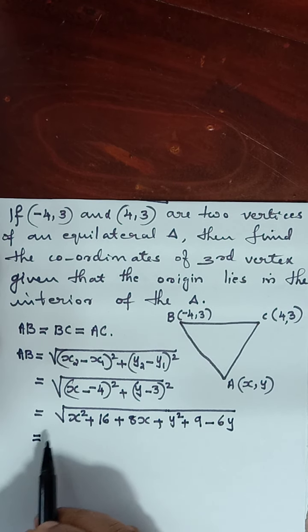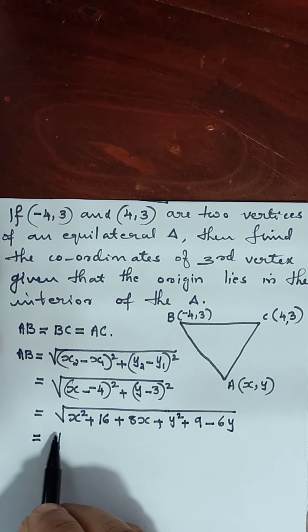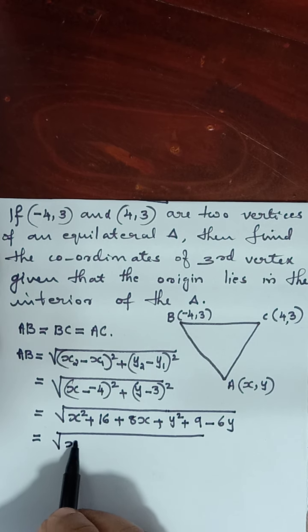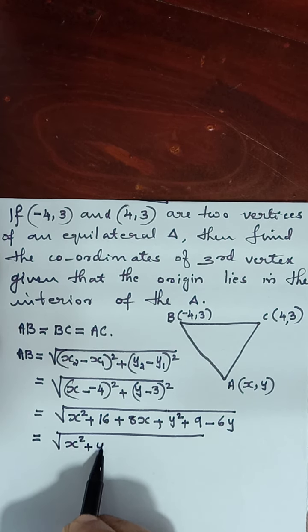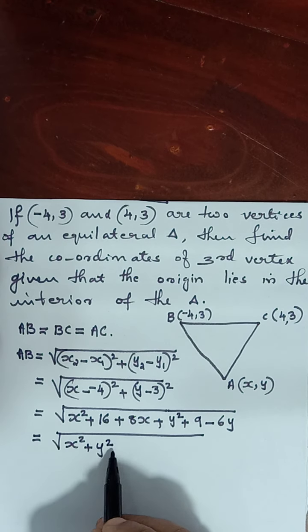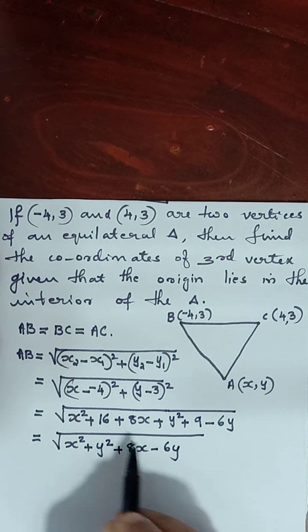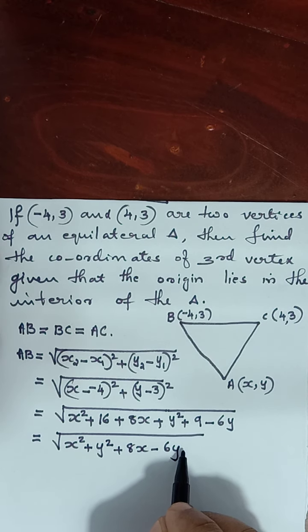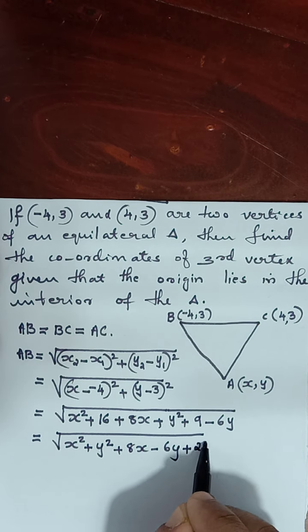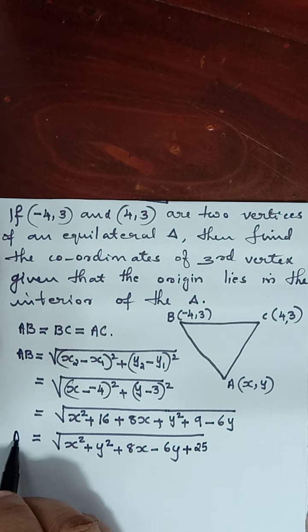So everybody knows under the root we are going to arrange it as x square plus y square plus 8x minus 6y plus 16 plus 9, that is 25. So we got AB now.